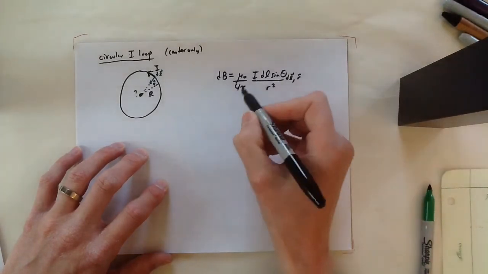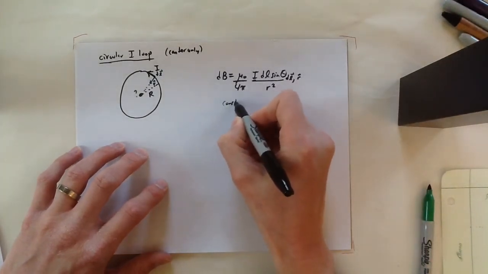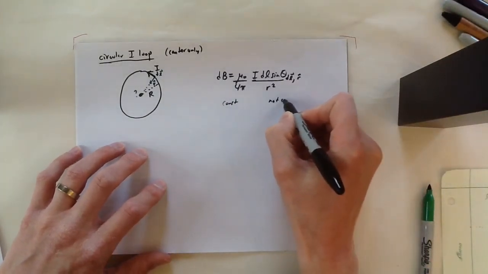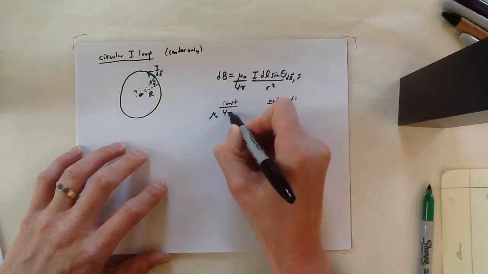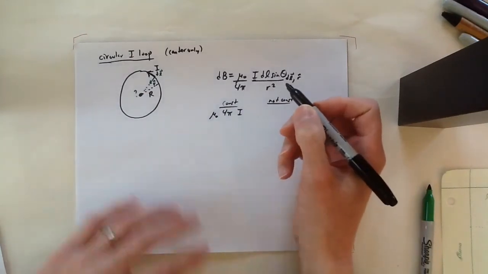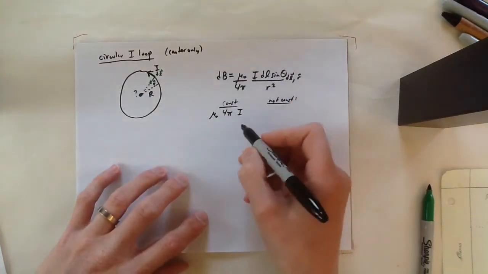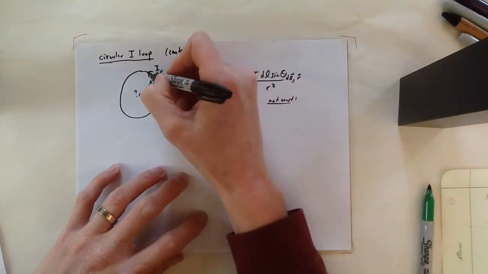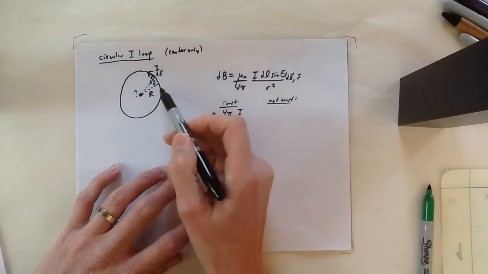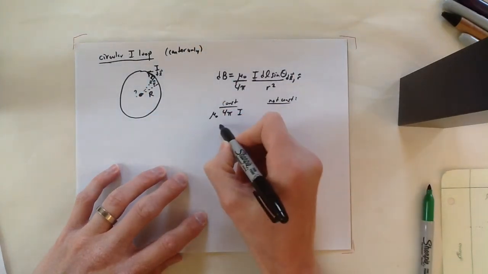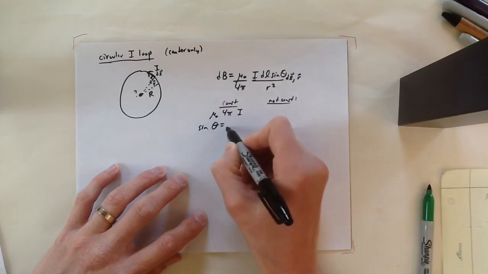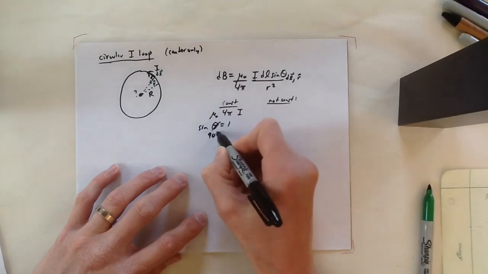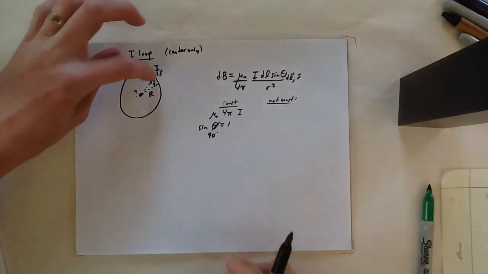And let's take stock of what's constant and what's not. So mu naught and 4 pi, of course, are always constants. The current is a constant. And now, theta is constant. In fact, the angle between dl and r hat is always 90 degrees, so sine of theta is going to be 1 for every single point along here.